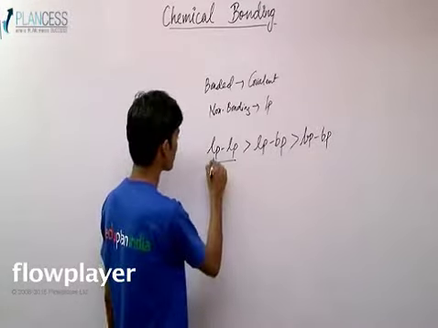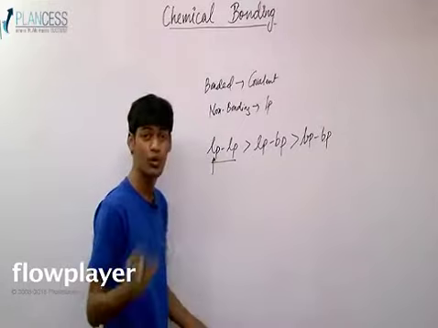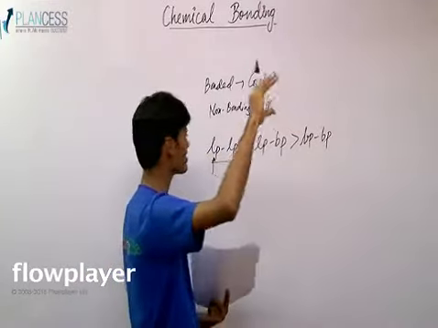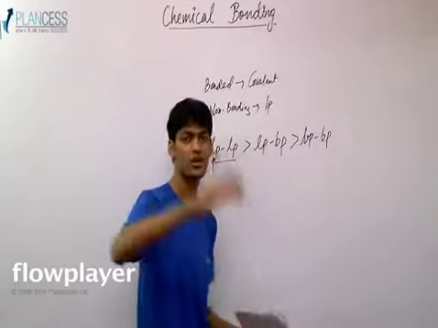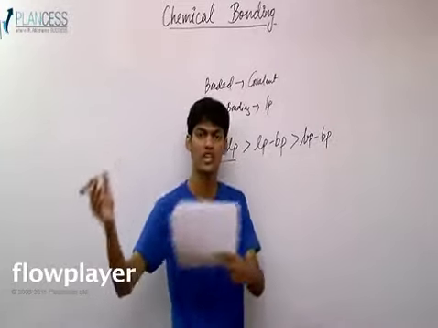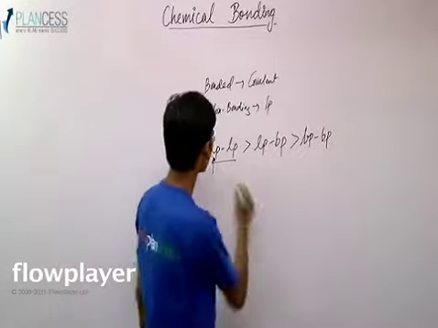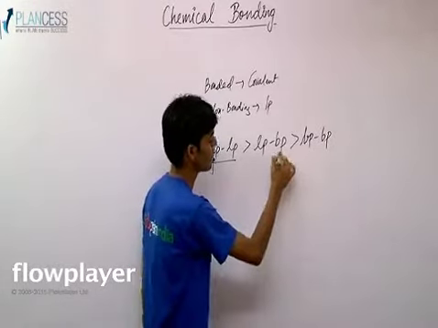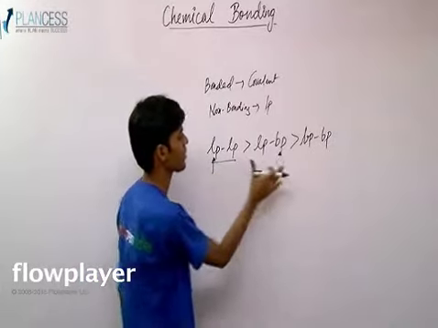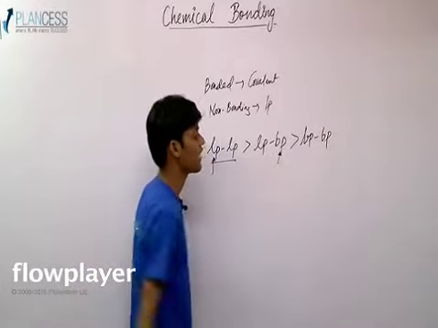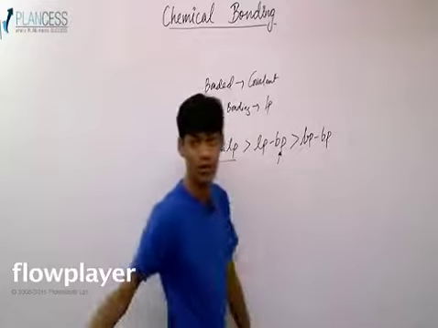Because the lone pair is completely localized on one atom. As far as bond pair electrons are concerned, they are shared between the two atoms, so they are delocalized between the two atoms. So it is not as concentrated as compared to a lone pair. So lone pair-lone pair repulsion is greater than lone pair-bond pair repulsion, which in turn is greater than bond pair repulsion.